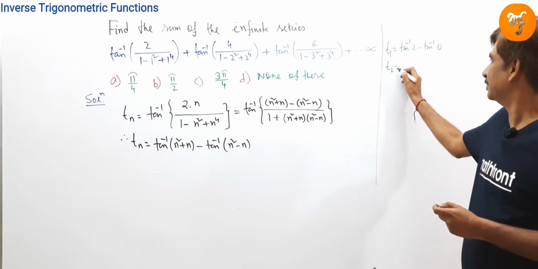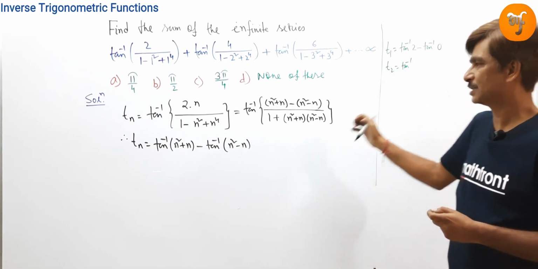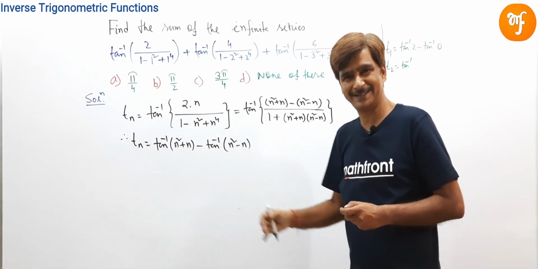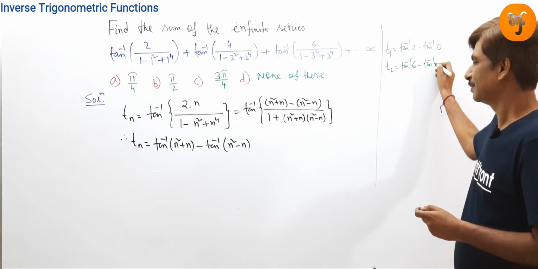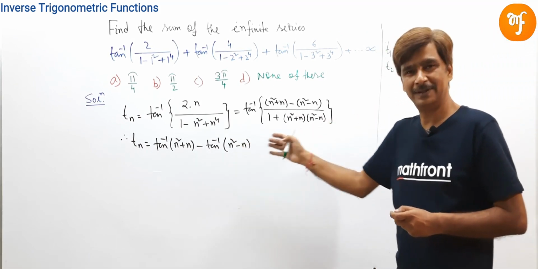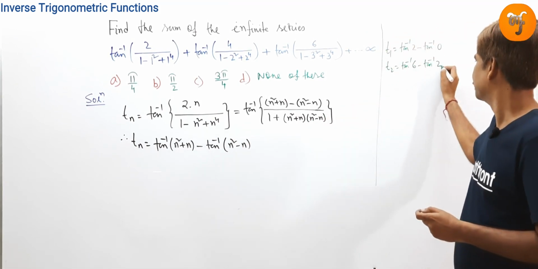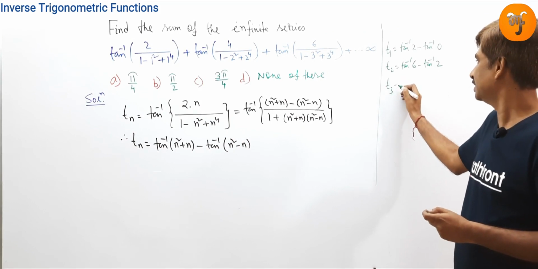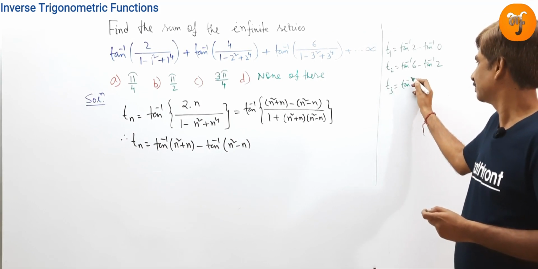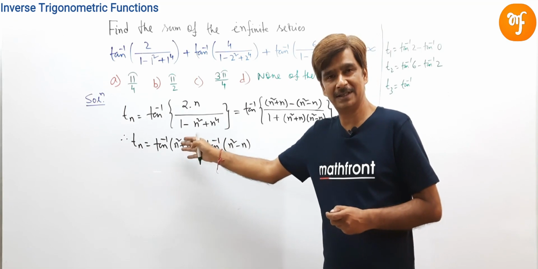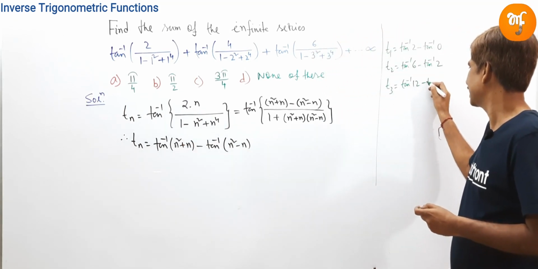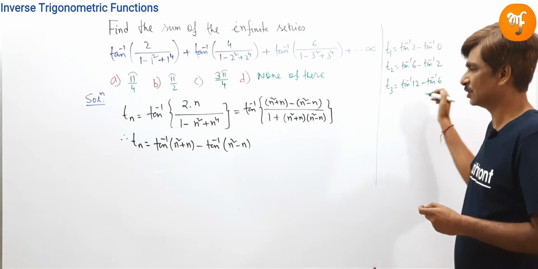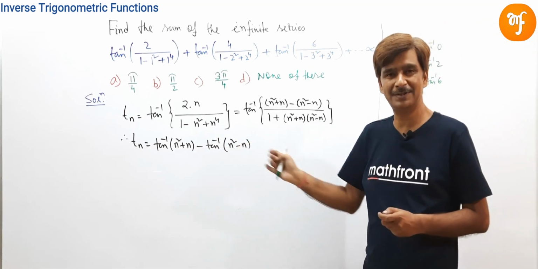Similarly, T2 will be tan inverse of 2 square plus 2, that is 6, minus tan inverse of 2 square minus 2, that will be 2. Again, T3 will be tan inverse of 3 square plus 3, that is 9 plus 3 will be 12, minus tan inverse of 6, because 3 square minus 3 will be 6.